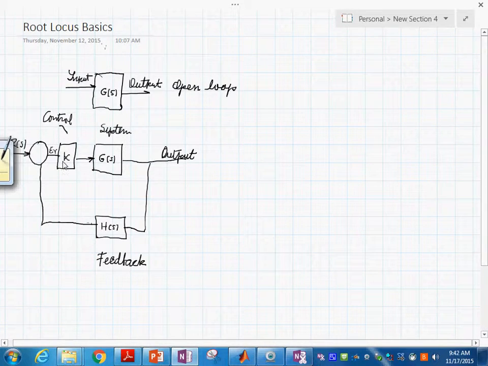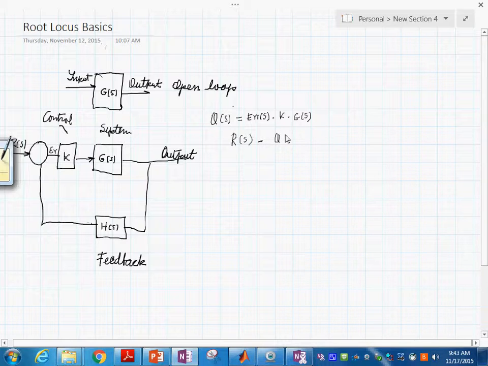The output of this is equal to this error, E of S, multiplied by K, and then multiplied by G of S. And then we can say that the reference, which is your input, R of S, minus the output, Y of S, multiplied by H of S, is equal to this error.